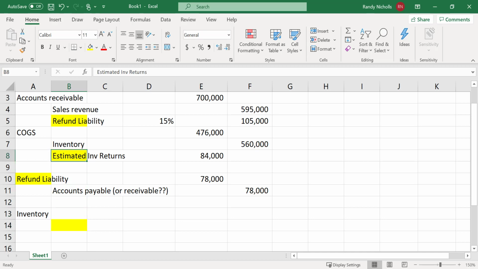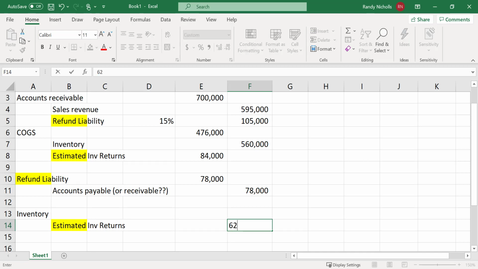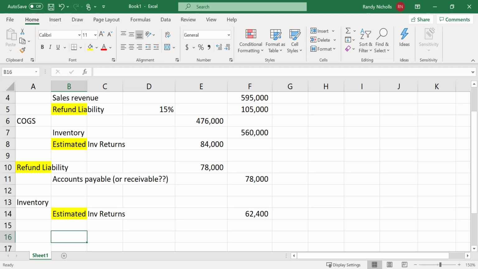Now I've gotten my returns. If I do the math, this is 62,400. If you want to, right, I had 560,000 of inventory out of 700,000 in sales.